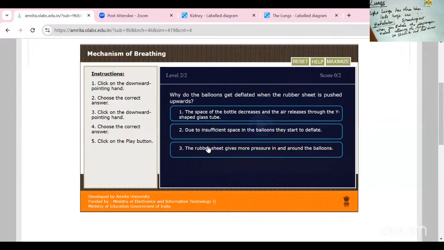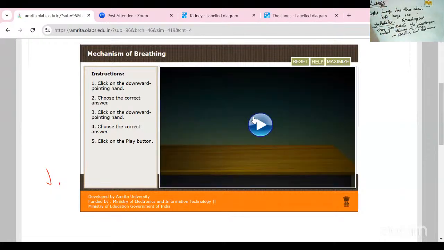Or due to the insufficient space, the balloon starts to deflate. Rubber sheet gives more pressure around the balloon. Okay. So which is the right answer? First one or second one or third one? Yes, second and third are the wrong answer. The space of the bottle decreases. Okay. See here.